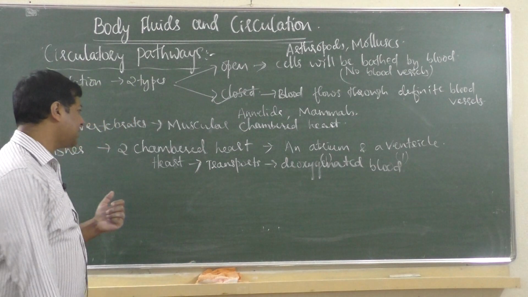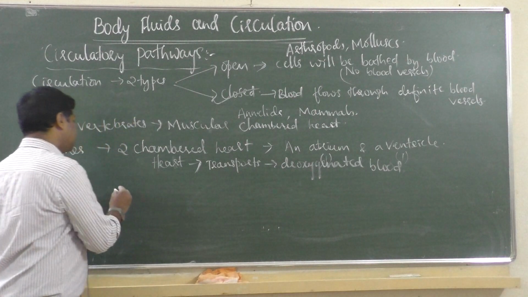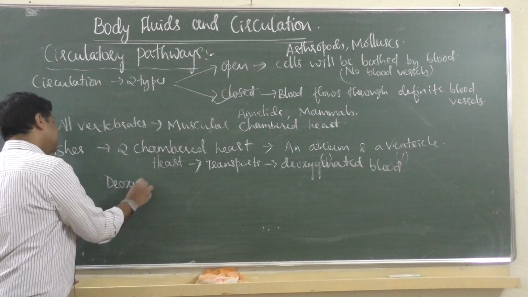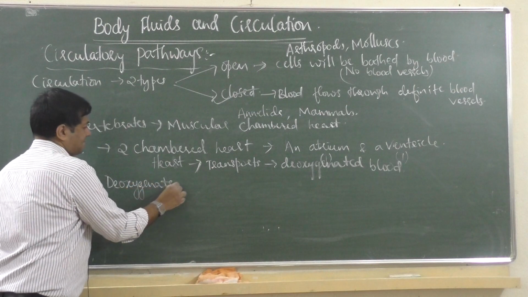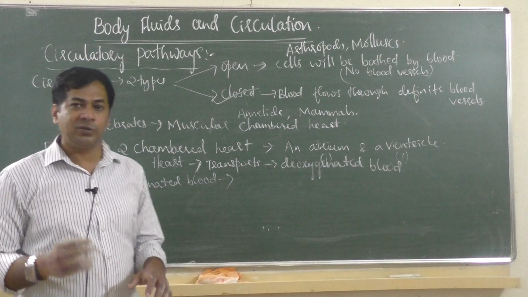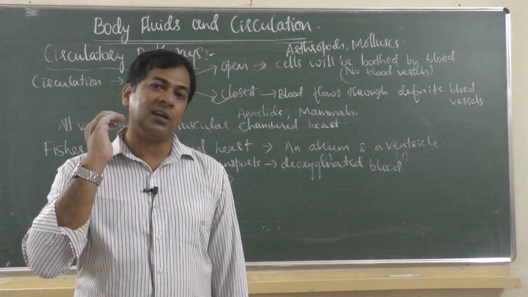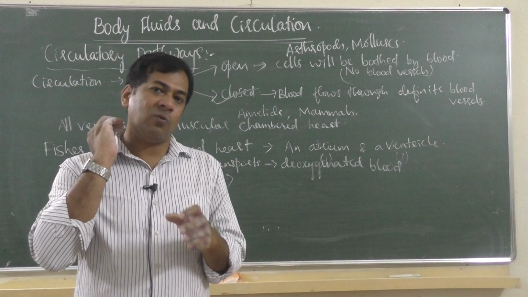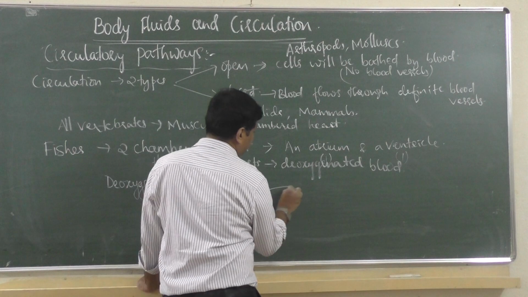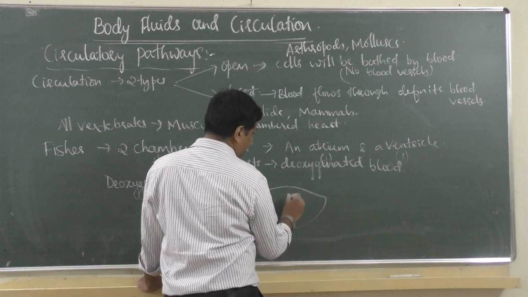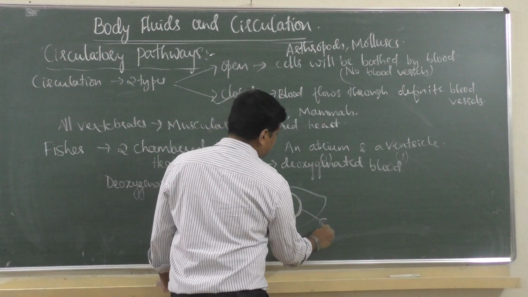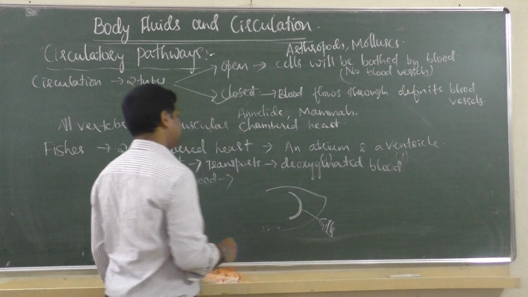It is a very special mechanism. The deoxygenated blood goes to the gills, the gill slits. Fishes have a part like this, these are the gills or gill slits.